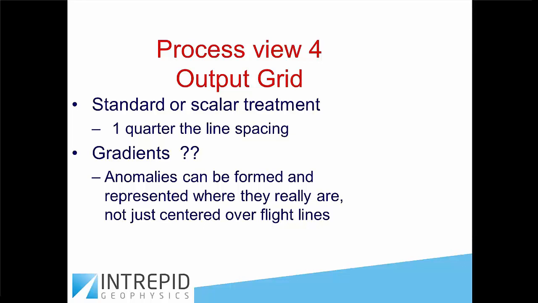If you have that occurring, you have a poor algorithm. But if you're lucky enough to have gradient data, well, the anomalies can be shifted to where they really are in the context of between the lines or between the observation lines, and that's a pretty important improvement.